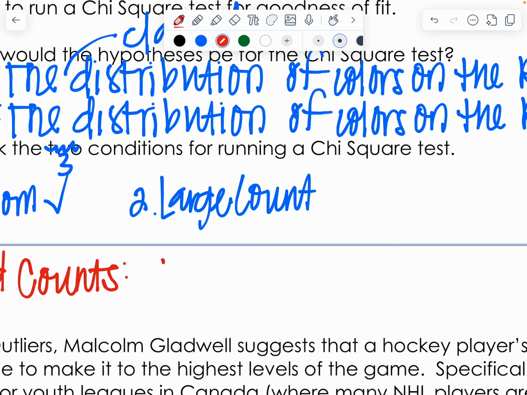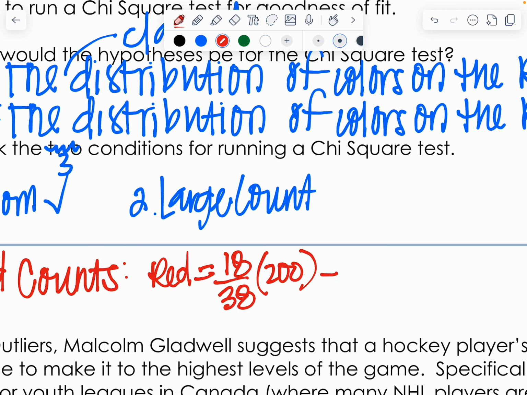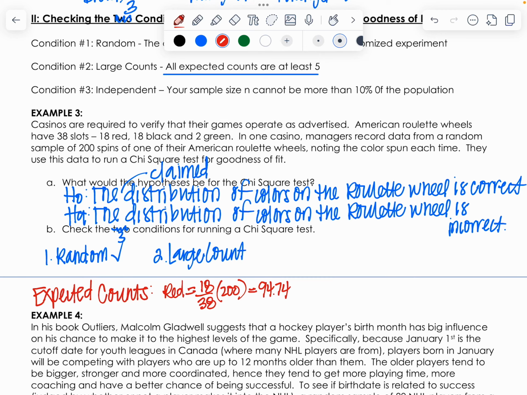So we would say for red, we have 18 over 38 times 200. We would expect to get 94.74 reds in our 200 spins.